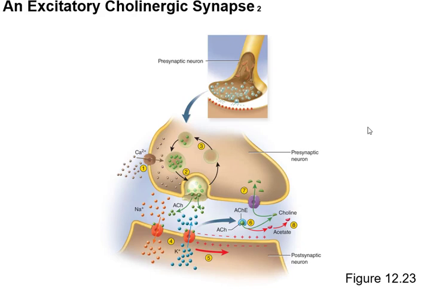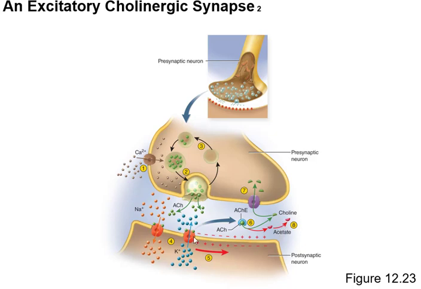So here we are putting it all together, and we're showing you the exocytosis, all of the stuff. But one thing we're adding in here is you can have an enzyme that can break down the acetylcholine. So that would be acetylcholine esterase, and it will take the acetic acid, the acetate portion, and the choline apart.